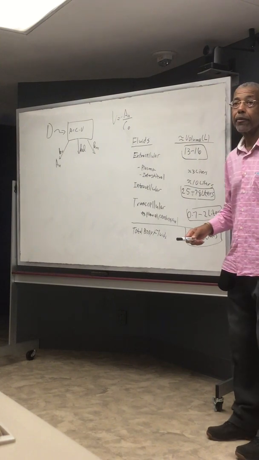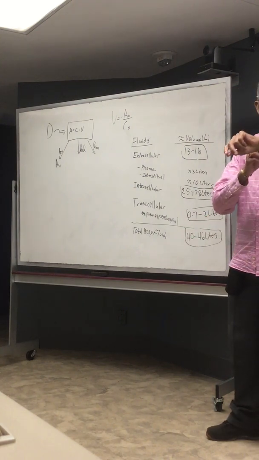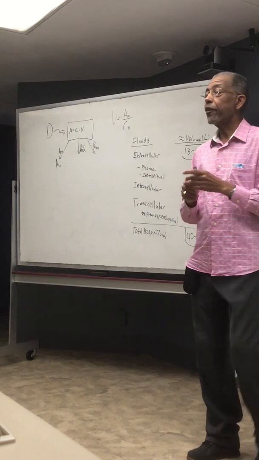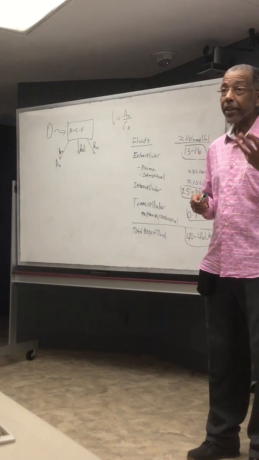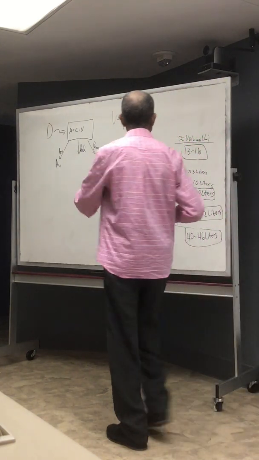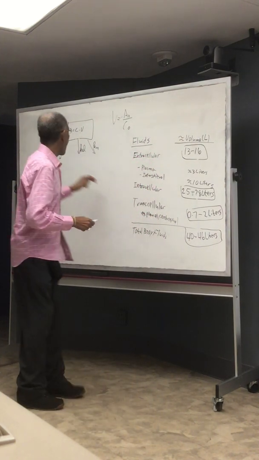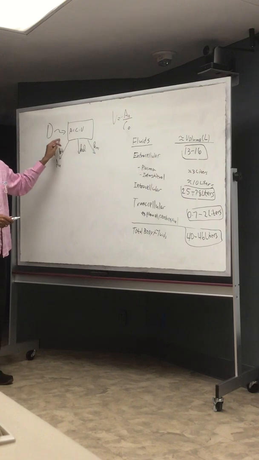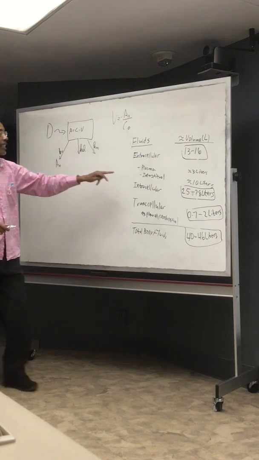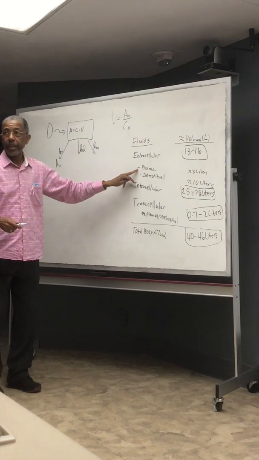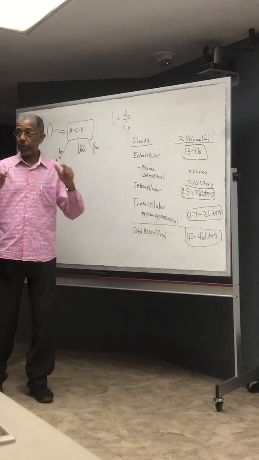Now, the smallest volume of distribution that a 70 kilogram person would have is at least the plasma volume. In other words, when I inject the drug into the bloodstream, in this model, it's got to at least distribute throughout the plasma. And you know what plasma is versus whole blood, right?